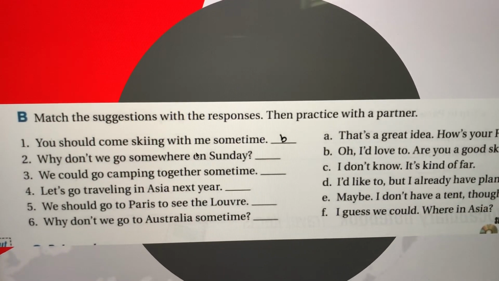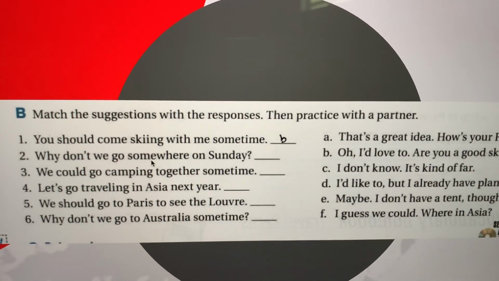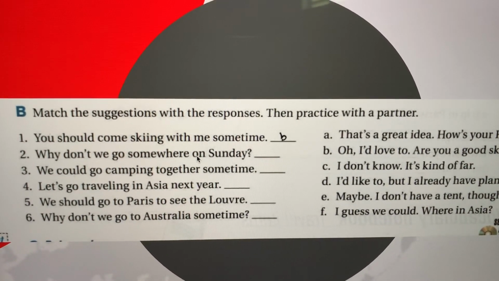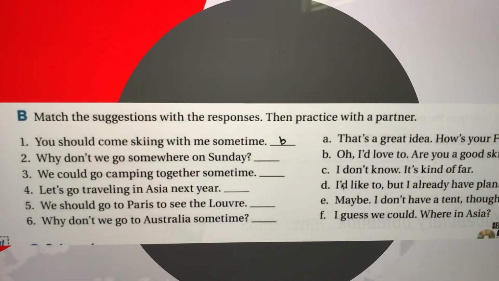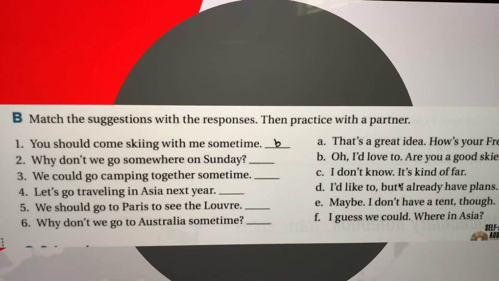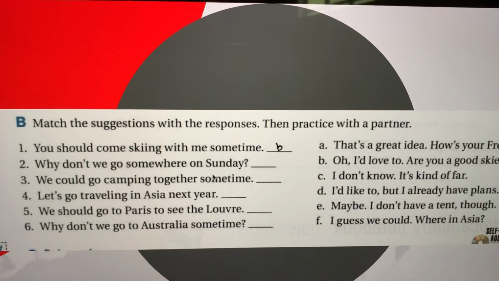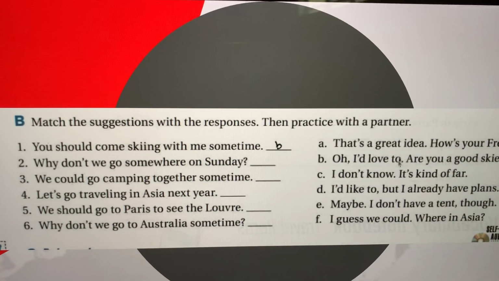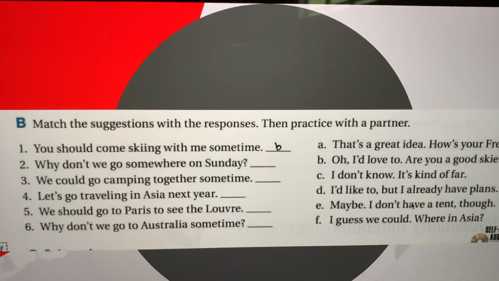Someone here is asking you to join her on Sunday. So maybe you already have plans. Yeah, I'd like to. So it's D, but I already have plans, and so on. You can read the questions and compare with these sentences to see which one is the most appropriate.